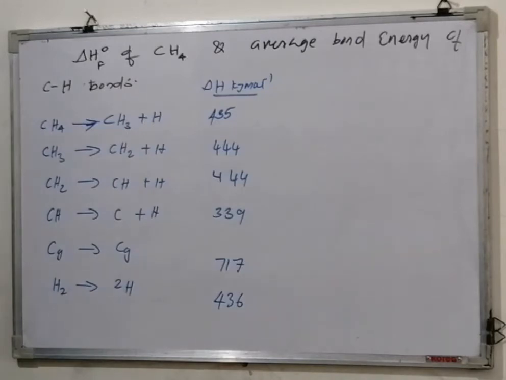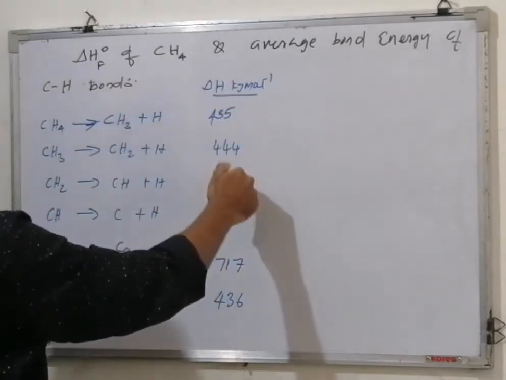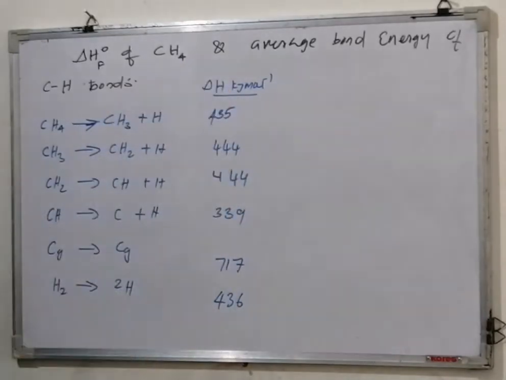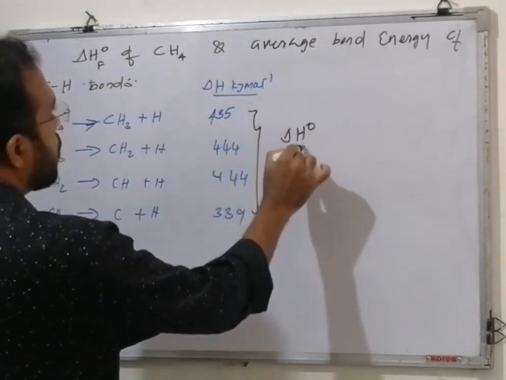What is the enthalpy of formation of CH4 and the CH4 bond energy? The bond energy is the energy of each bond breakage. Therefore, let us do that question first.